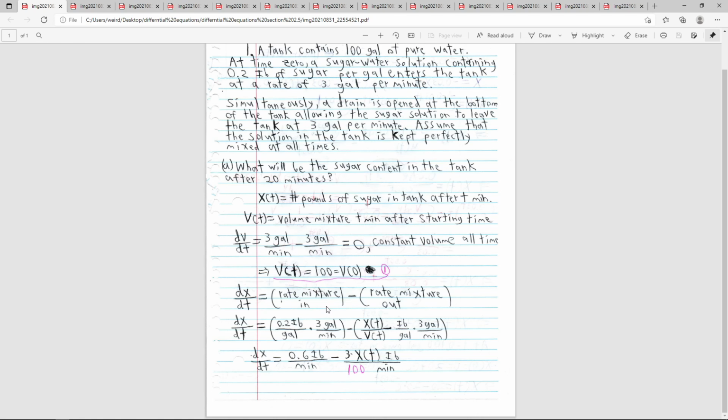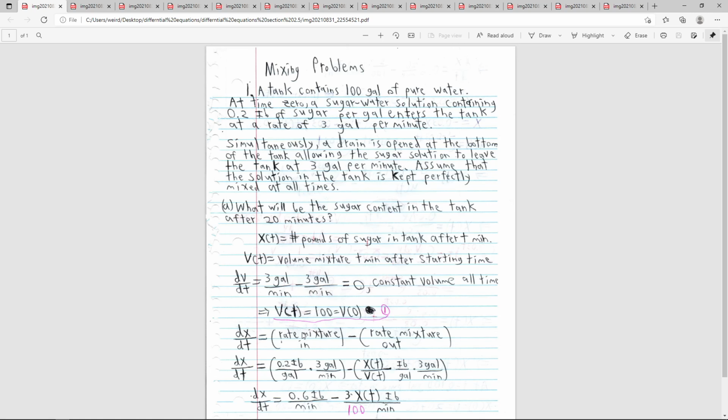So the rate of mixture in, it's dx/dt, so it's basically pounds per time t, which is minutes in this case. And we have pounds of sugar per gallon, so that's pounds per volume. So what we do is pounds per volume times the volume per minute, and that gives us dx/dt. The units are correct.